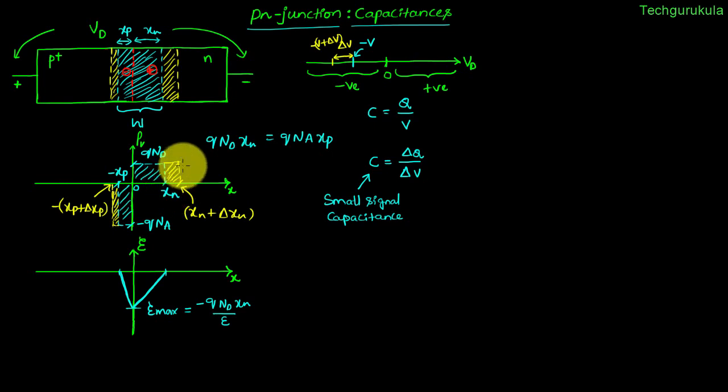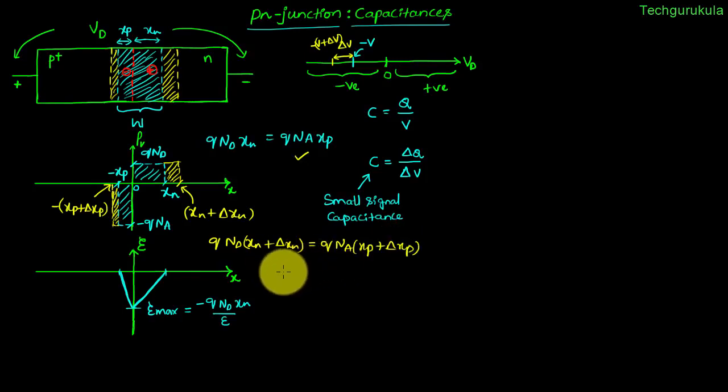Now we can write the relationship of increased charge as Q Nd times Xn plus del Xn should be equal to Q Na times Xp plus del Xp. We can rewrite this expression as Q Nd del Xn should be equal to Q Na del Xp. In a similar way, the electric field will also get modified like this.